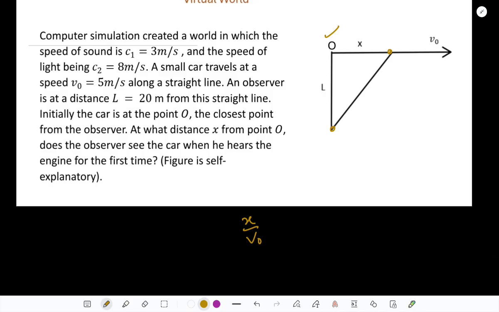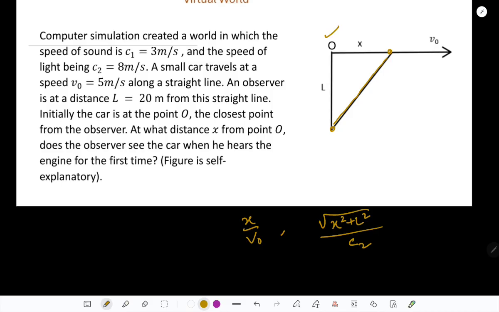And the light ray from the car moves through this part with the speed c2. So the light ray from the car takes time, this distance being under root x square plus L square, divided by c2.